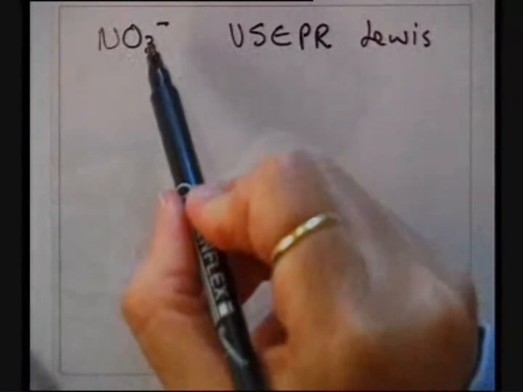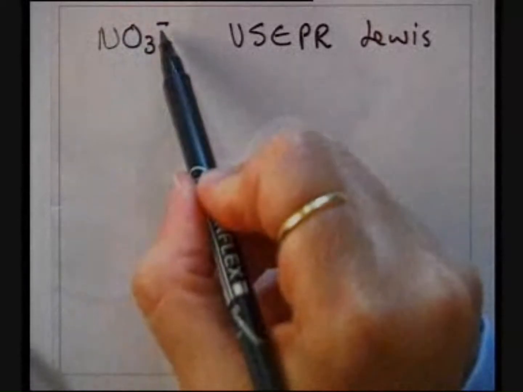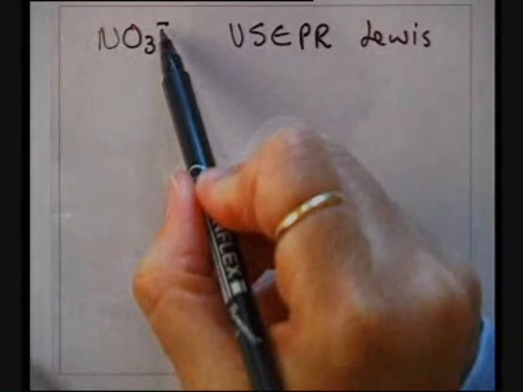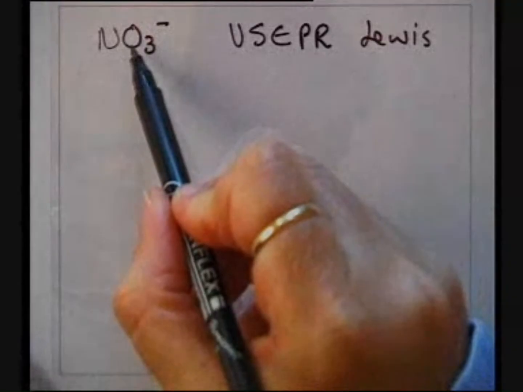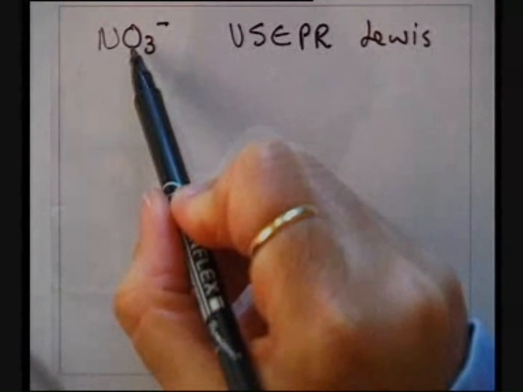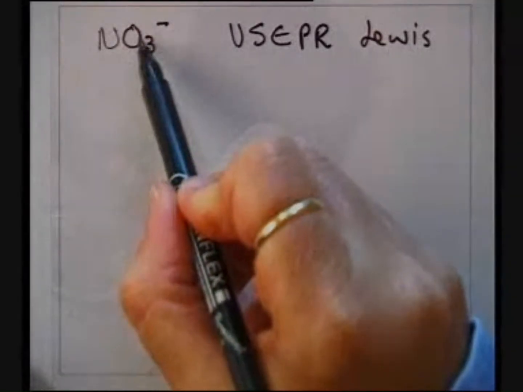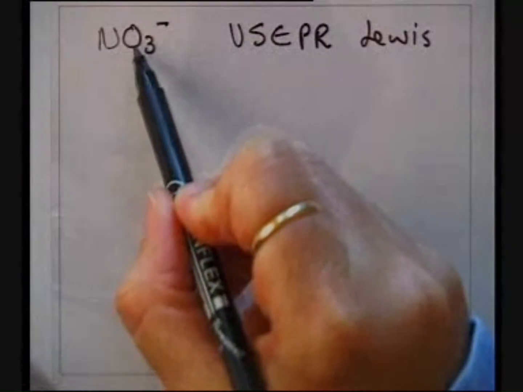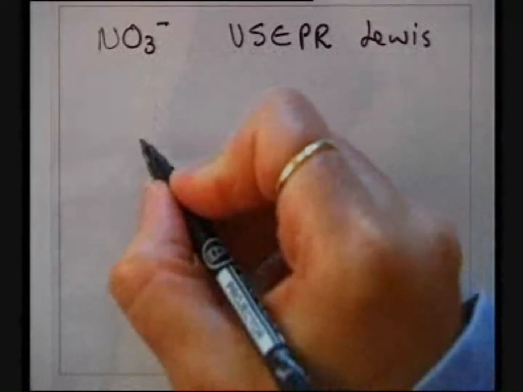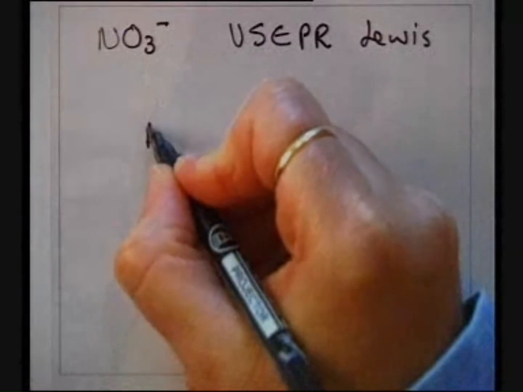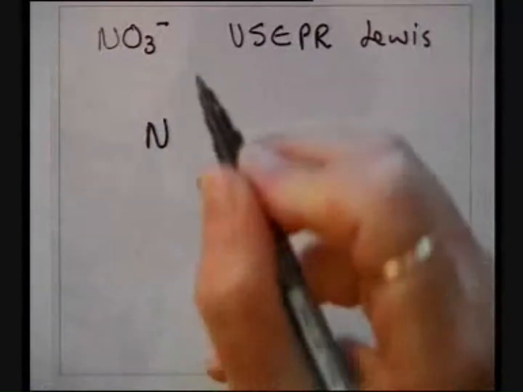The nitrate ion contains an extra electron. This extra electron is accommodated on the more electronegative atom, and therefore one of the oxygen atoms will carry 7 valence electrons. The other 2 oxygen atoms will carry 6 valence electrons.